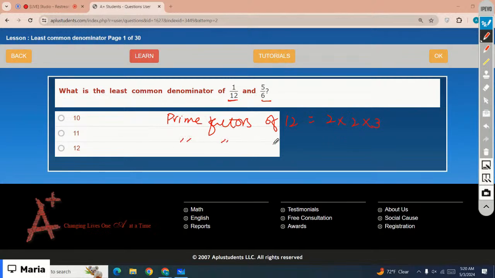And then the prime factors of 6 are 2 times 3. This is the common factor and this is the common factor. 2 times 3 is the common factor and you are left with another 2. 2 times 3 is 6 and 6 times 2 is 12. Yes, the correct option is 12. The least common denominator of 1 by 12 and 5 by 6 is 12.